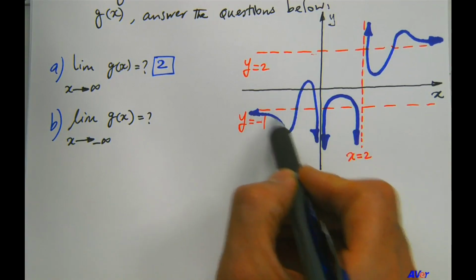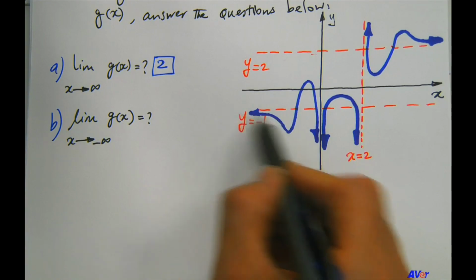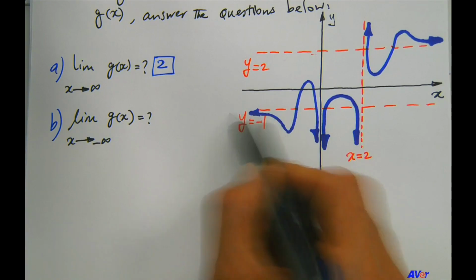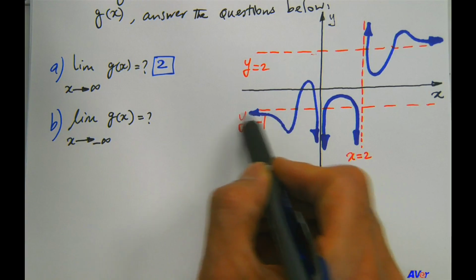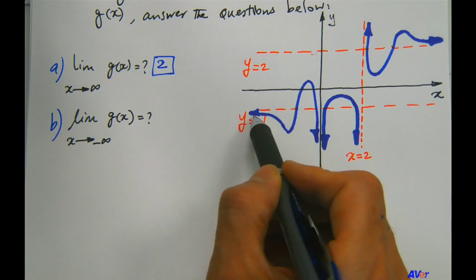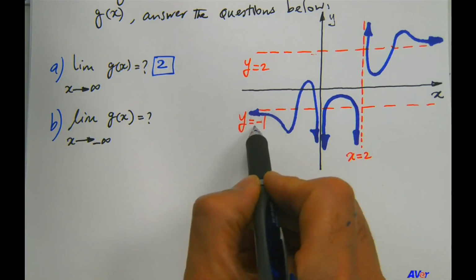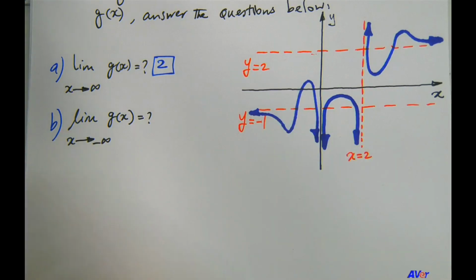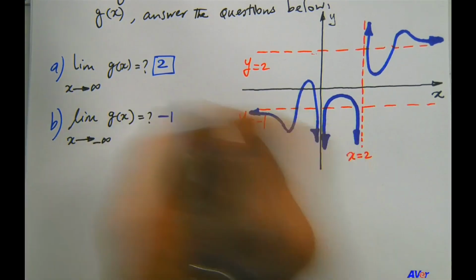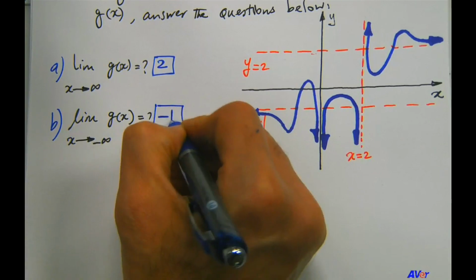Because as x approaches negative infinity, that's the piece we're talking about. So as x approaches negative infinity here, what does the value of the function approach? It approaches y equals -1. That asymptote, right? It approaches it.